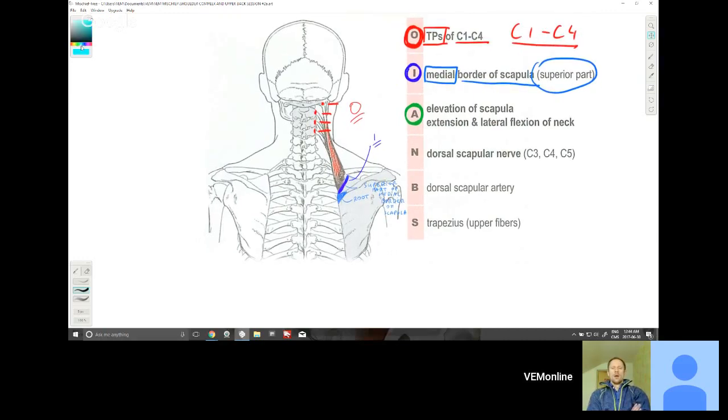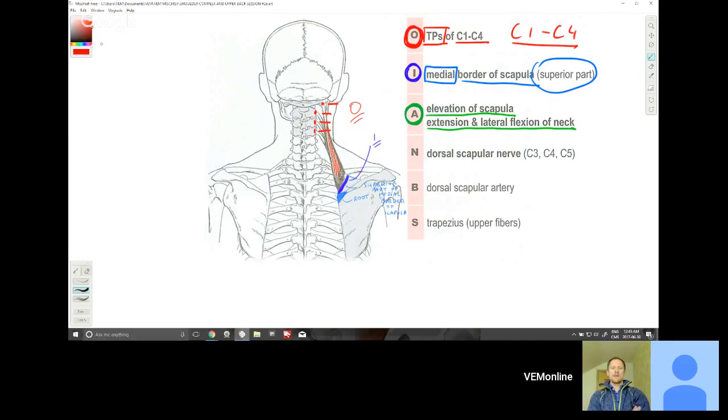Action. So what does it do? It elevates the scapula, and that's the main action. As you can see here, elevation of the scapula. And this is again the scenario where the scapula doesn't move.